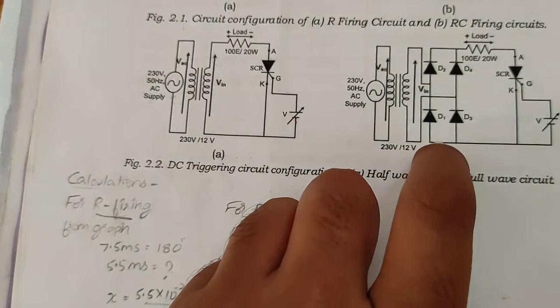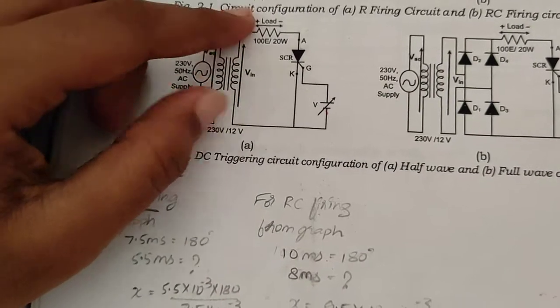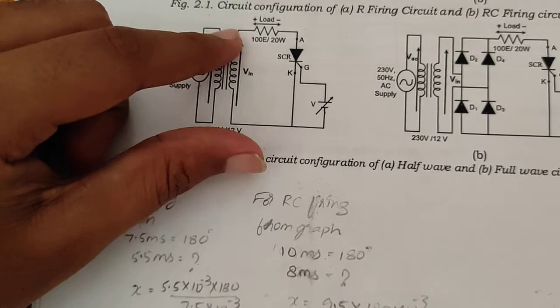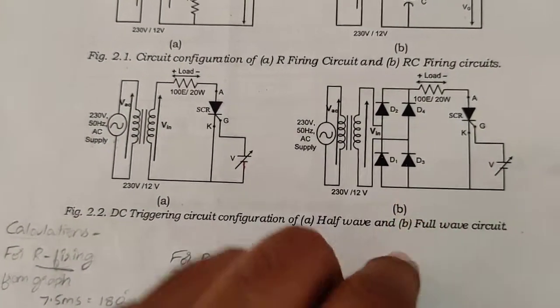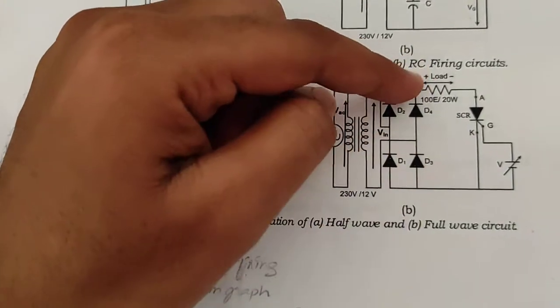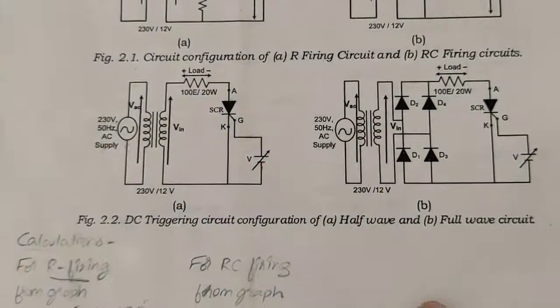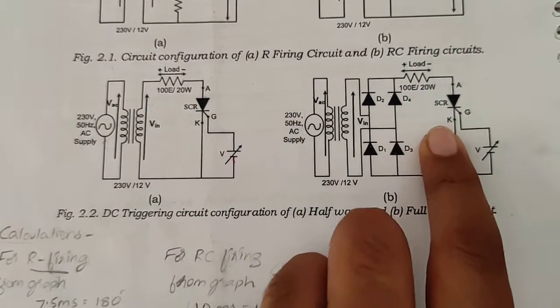bridge rectifier. In the half wave configuration, we took the inputs from the phase and neutral terminals of the secondary, but in the full wave configuration, we will take the inputs from the bridge configuration, so the bridge positive terminal and bridge negative terminal. From these two terminals, we will take the supply for the circuit, and the procedure will be the same.